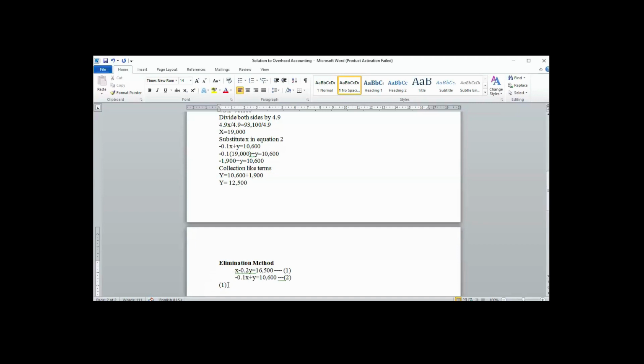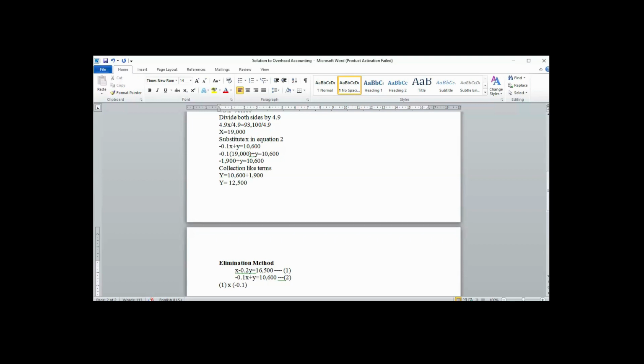Now, look at your equation 1 times the coefficient of equation 2, which is minus 0.1. You will use that to multiply equation 1.